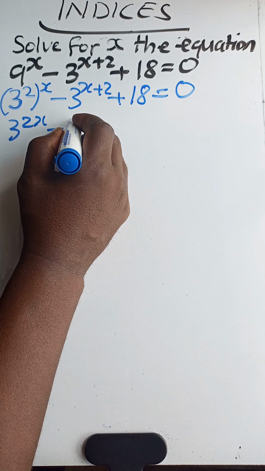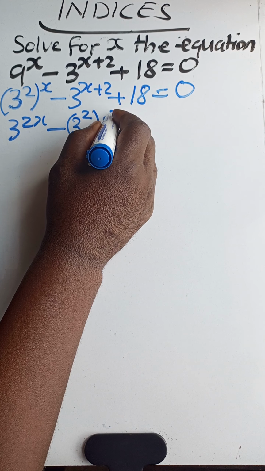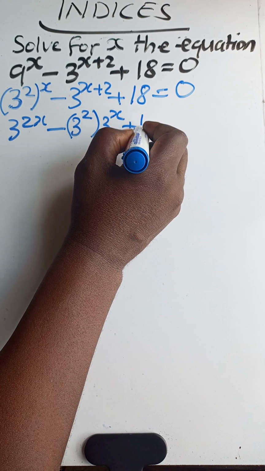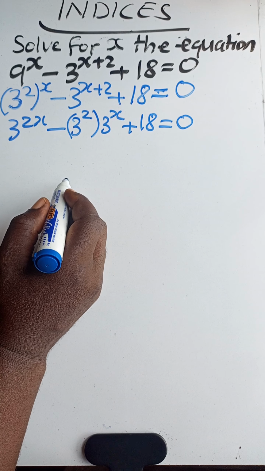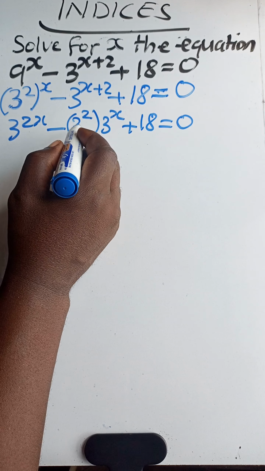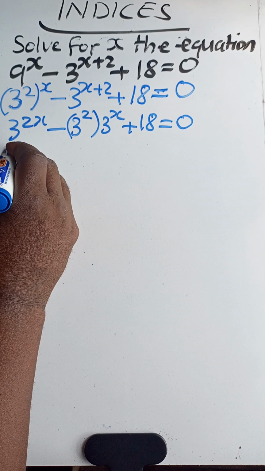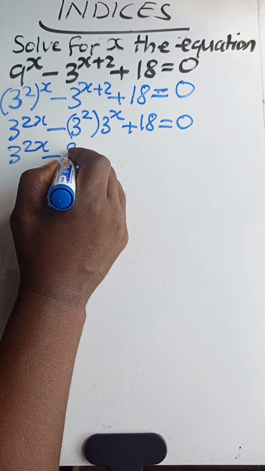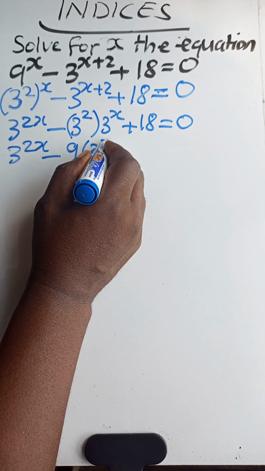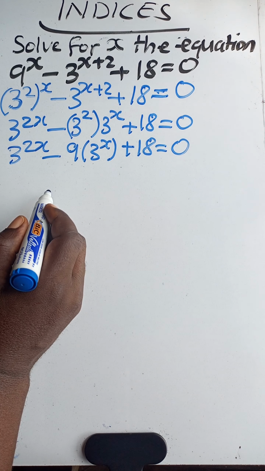And so let's write this as 3 to the power 2 multiplied by 3 to the power x plus 18 is equal to 0. Okay, so what is 3 to the power 2? It is 9. So we have 3 to the 2x minus 9 into 3 to the x plus 18 is equal to 0.